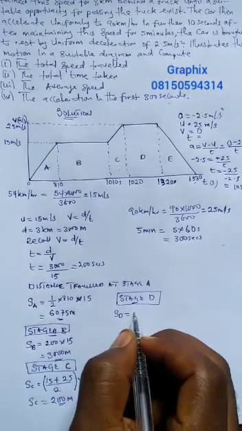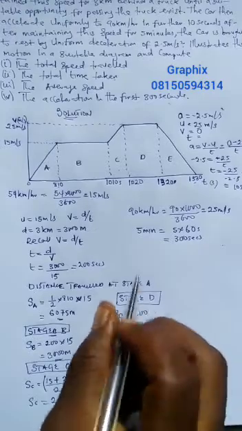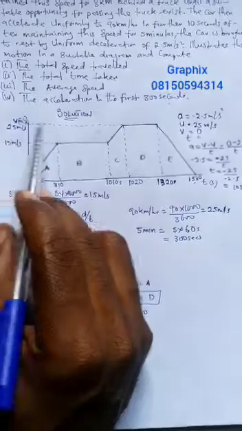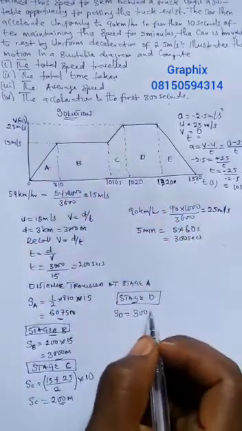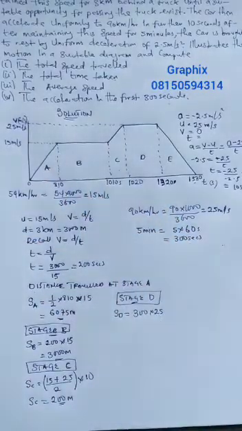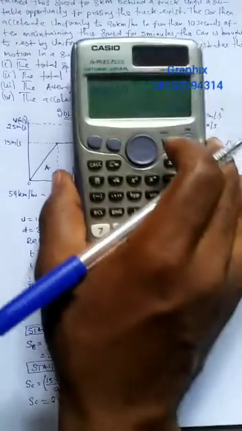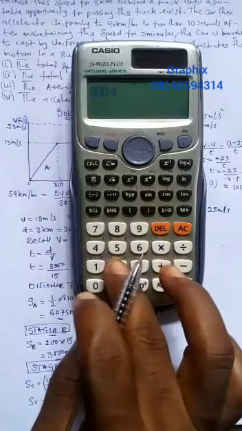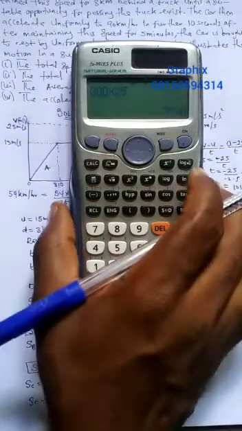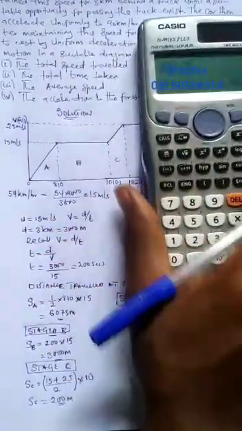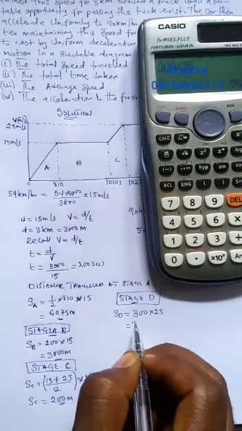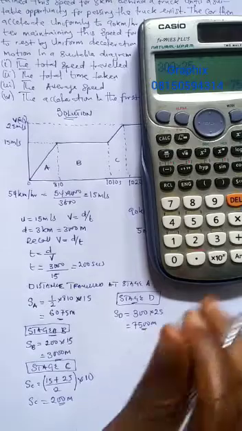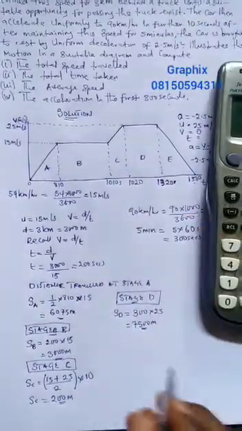So to be 300 times the height here, and that is what? 25. So when you put 300 times 25, that gives me 7,500 meters. Then the next one is stage E.